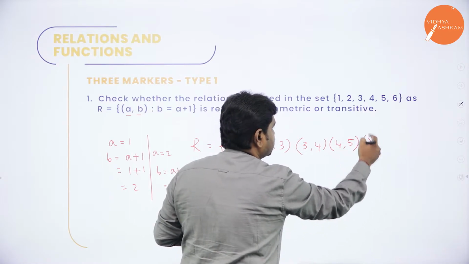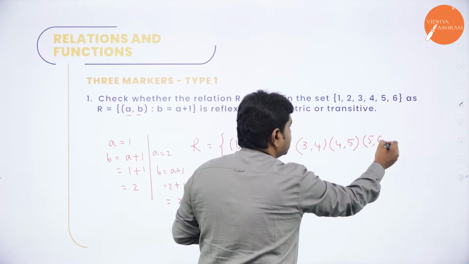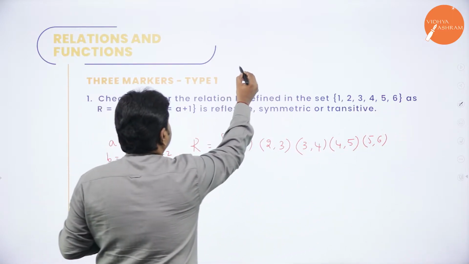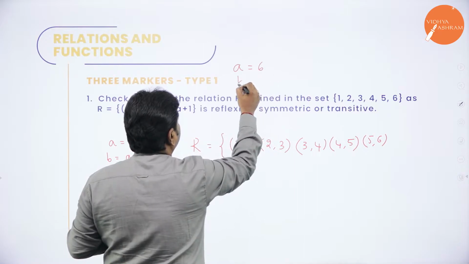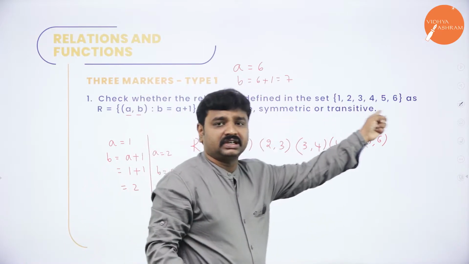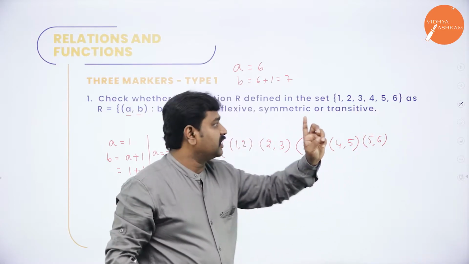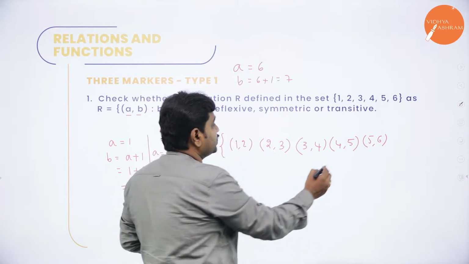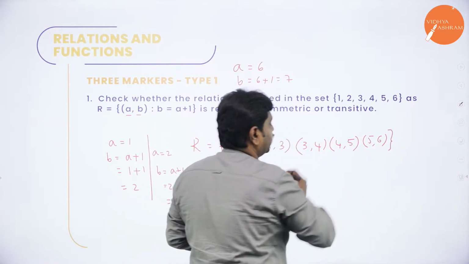If I take a as 5, 5 + 1, 6. And if I select a as 6, b value becomes 6 + 1. What is 6 + 1? 7. But 7 is not in the set. Please observe, 7 is not in the set. So, I should stop when a is 5. So, I got the relation.